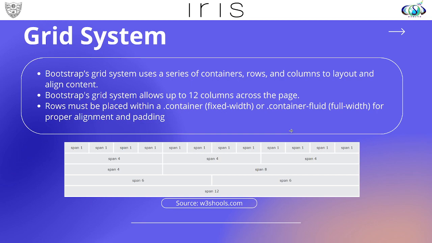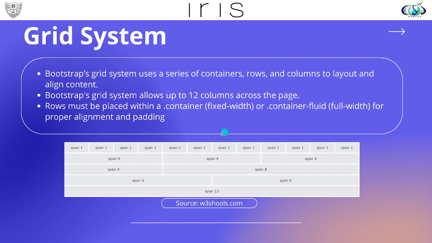Coming to the next topic, the grid system. Grid can be visualized as rows and columns. Each row allows up to 12 columns across the page, and generally rows are placed inside divs with the container class in order to give it proper padding and margin. A col-1 would represent 1/12 of the row width.